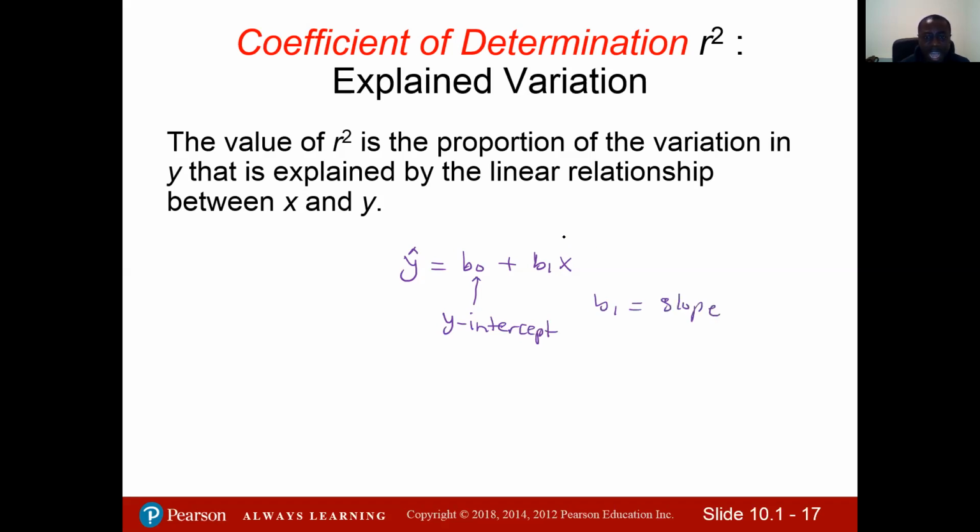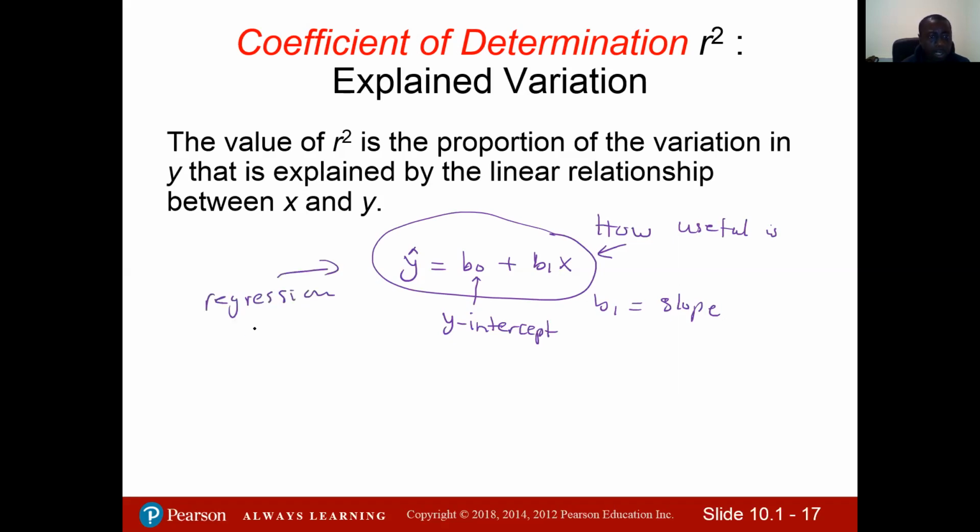So the question is how useful is this equation or this regression line? Okay, how useful is it?